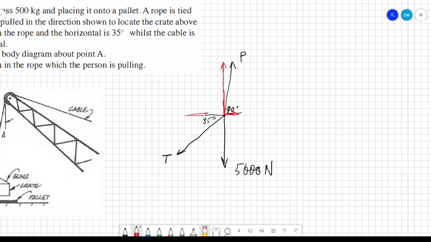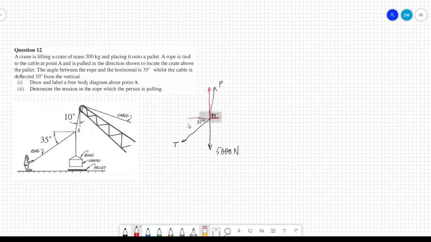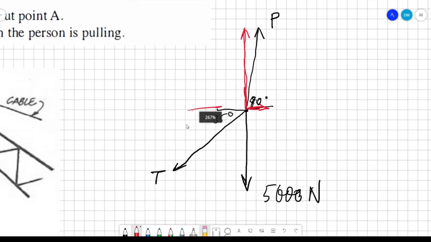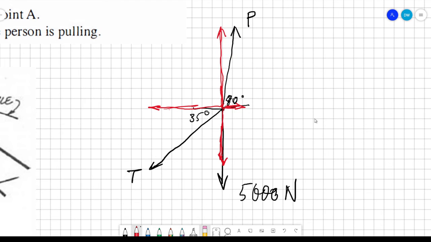T also has a horizontal component and a vertical component. Obviously, it's not really to scale because these two horizontal components should be the same, as they're the only two horizontal forces. Now we can label them.